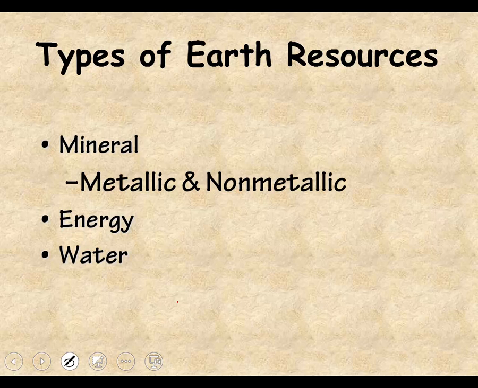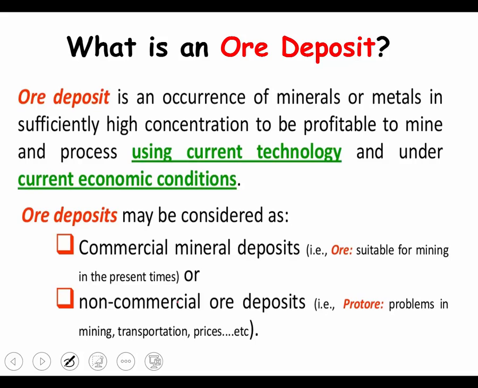When we talk about types of resources that scientists are interested in, we've got mineral, energy, and water. We've talked about water. We're going to talk about minerals. When we talk about minerals, we're actually using a somewhat broader definition, metallic and non-metallic minerals and rocks. So we're going to add rock to that type of resource. Energy resources will be included in our last set of lectures.